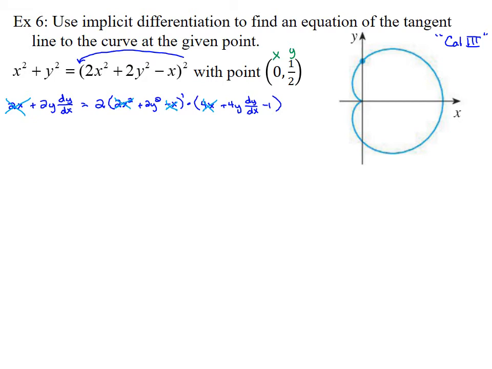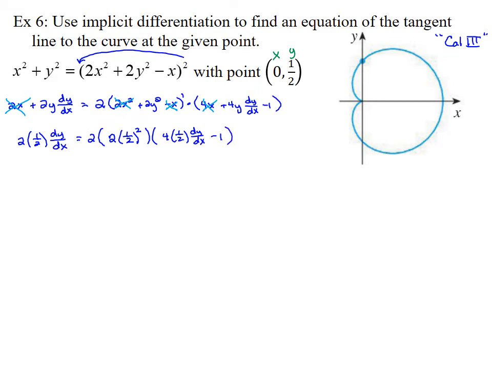If all these y's were 1/2, that'll be 2 times 1/2 times dy/dx equals 2, open parentheses, 2 times 1/2 squared. That's all that's inside there. And then all of that multiplied by 4 times 1/2 dy/dx minus 1.